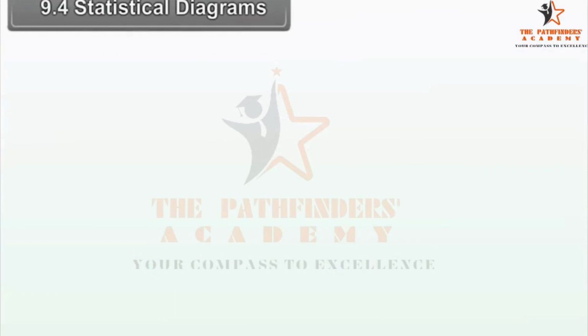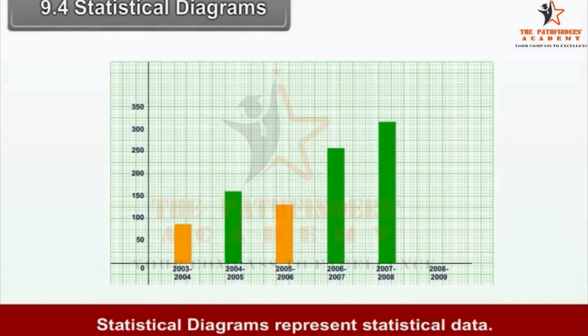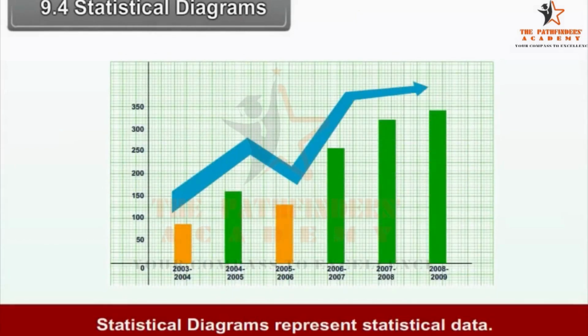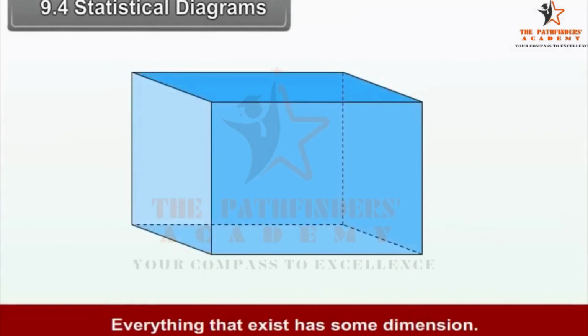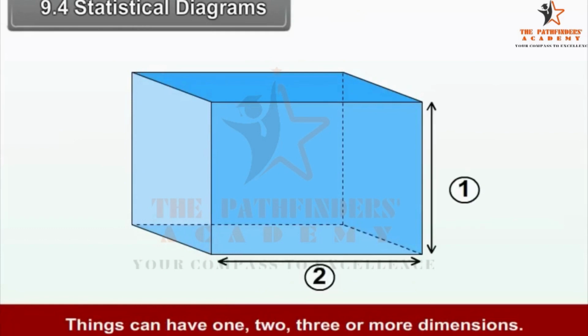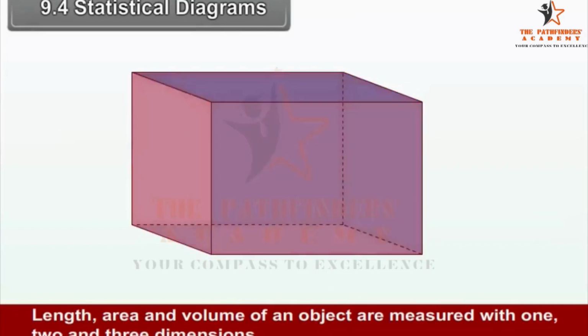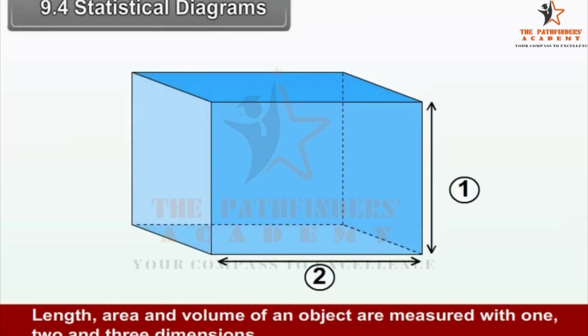9.4 Statistical Diagrams. Statistical diagrams represent statistical data. Everything that exists has some dimension. Things can have 1, 2, 3 or more dimensions. Length, area and volume of an object are measured with 1, 2 and 3 dimensions.